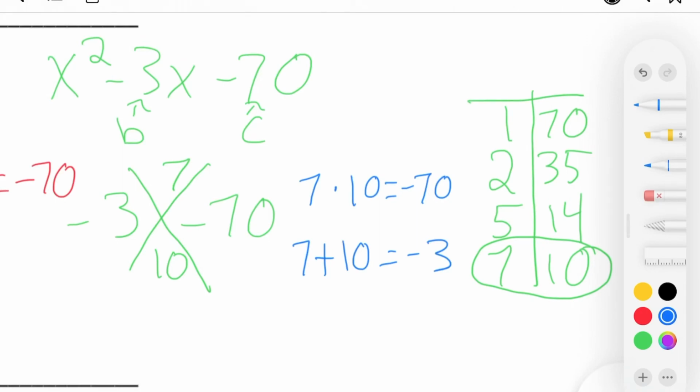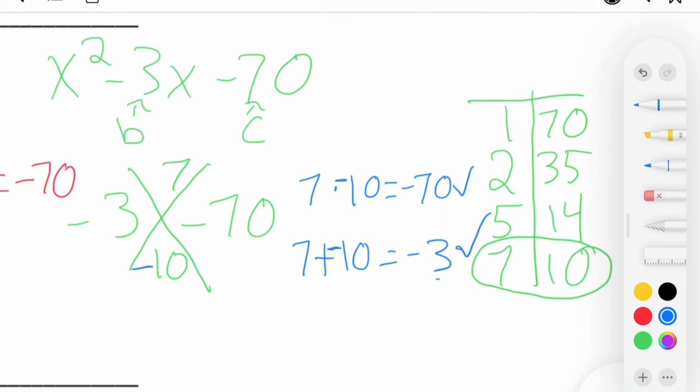To get -70, only one of them needs to be negative. To have our -3, our biggest number needs to be negative. So 7 plus -10 gives us -3. That's what we want. If we make our 10 negative, 7 times -10 does give us -70. So our 10 needs to be negative.